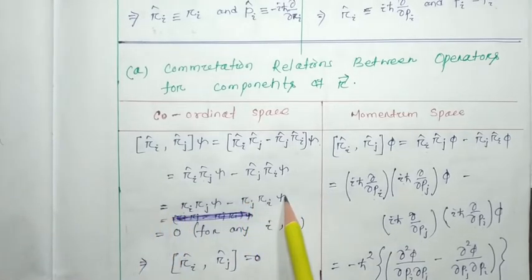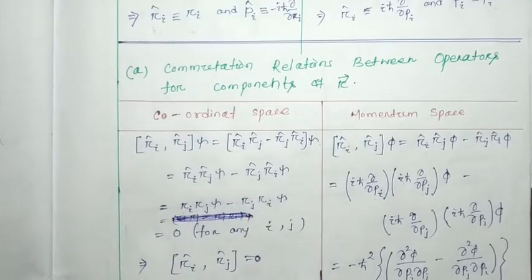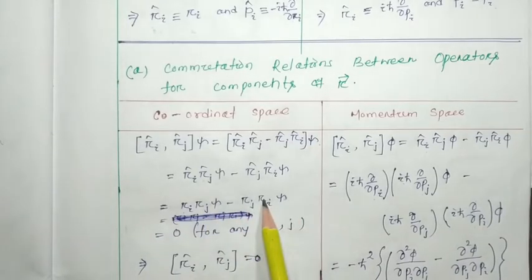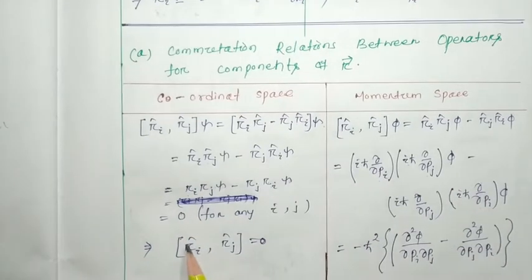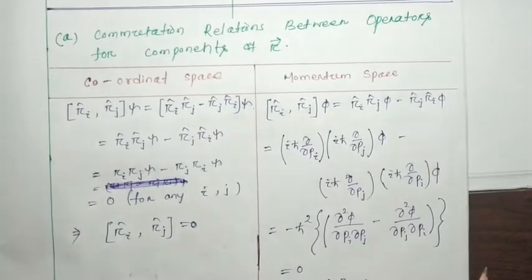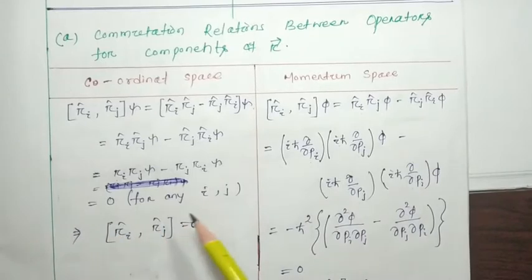First we operate R_i, then R_j, because this is only a distance operator operating over psi. So this term will be equal to this term, and hence we are going to get 0. So we found the commutator of R_i cap and R_j cap will be equal to 0.